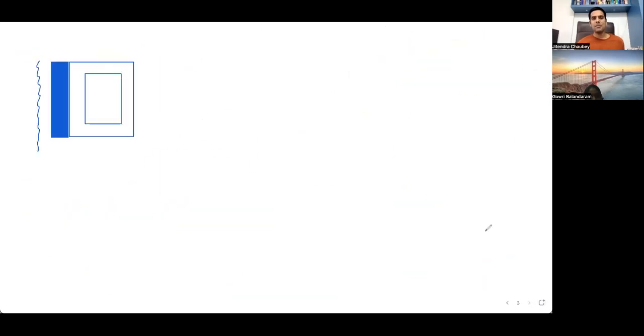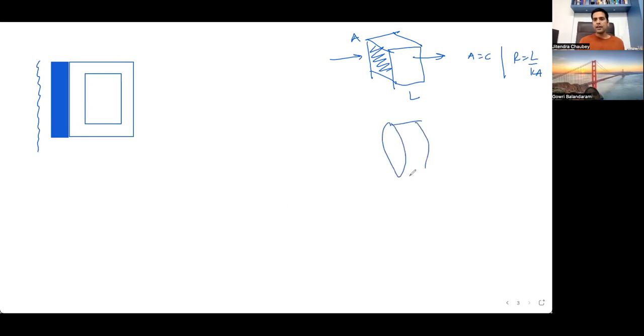Like you can imagine yourself, like if this is a slab, this slab has got this cross section, and along the length you can see that area of cross section is not changing, it is constant. Yes. When area is constant, you can simply take R is equal to L by KA. Yes. You can use this relation even for rods or a disc where heat is flowing from this cross section to this end.